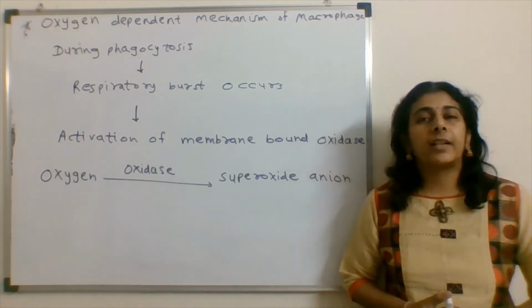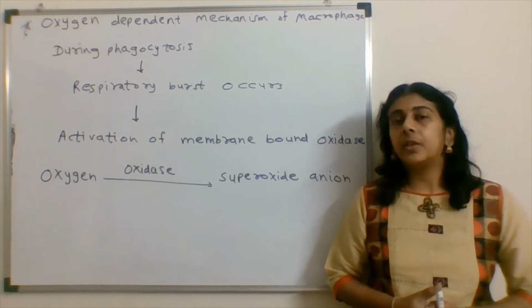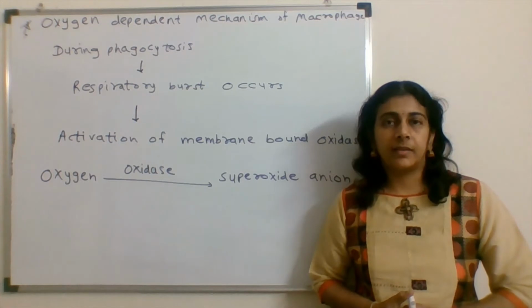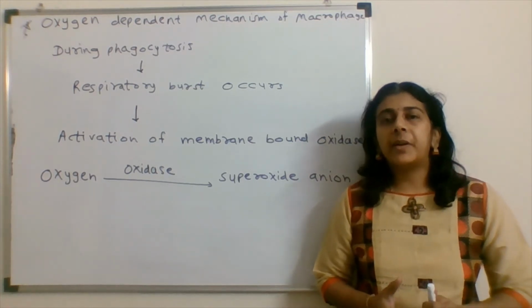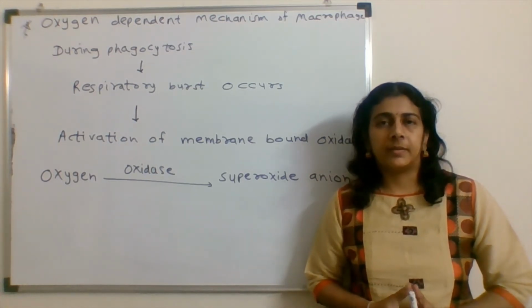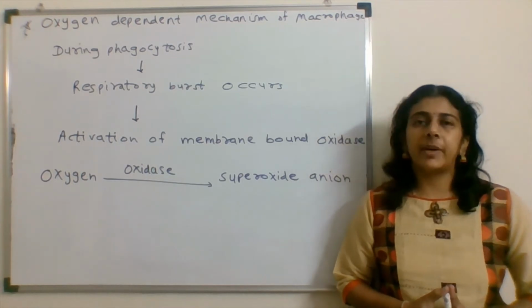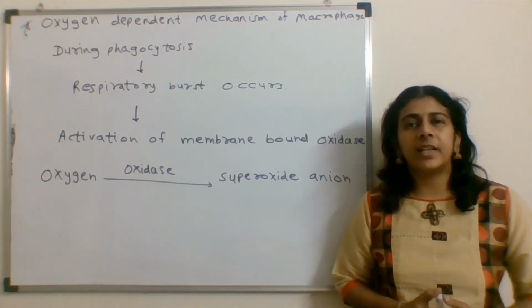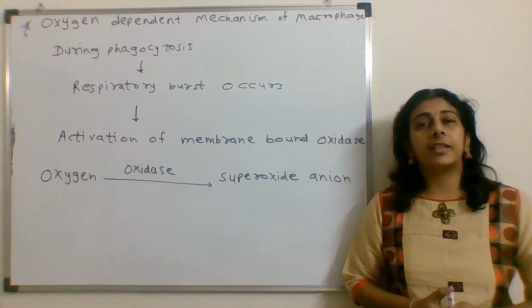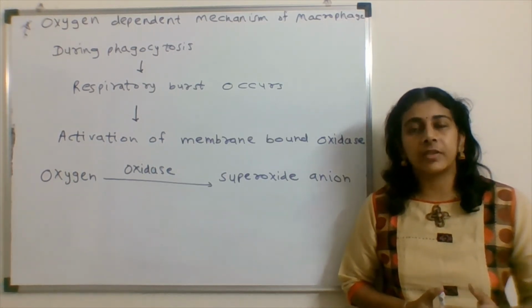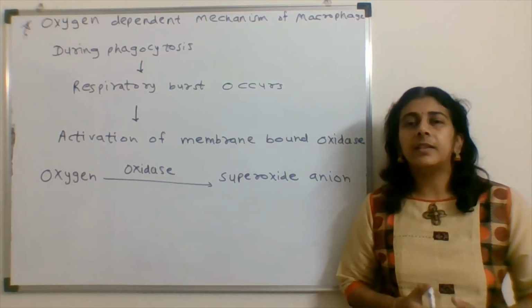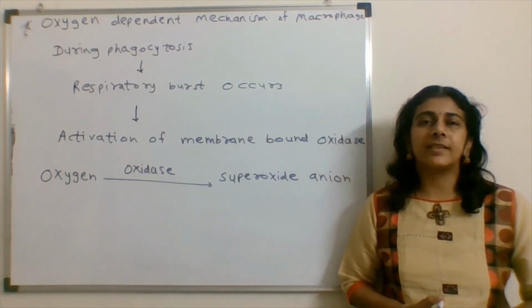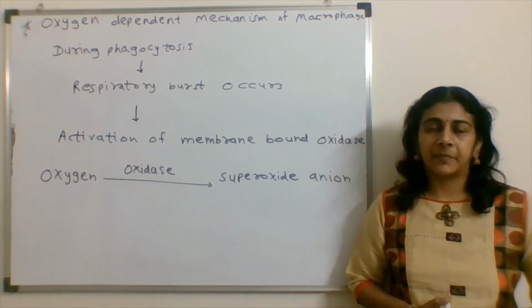Now in case of activated macrophages during phagocytosis, respiratory burst occurs. What is meant by respiratory burst? This is nothing but an oxidative burst, or a release of reactive oxygen species in a cell, which we call a respiratory burst.